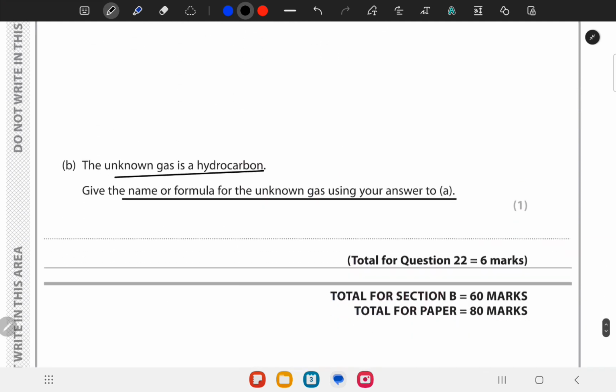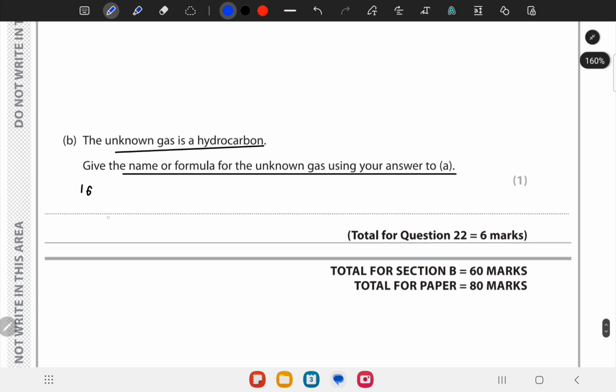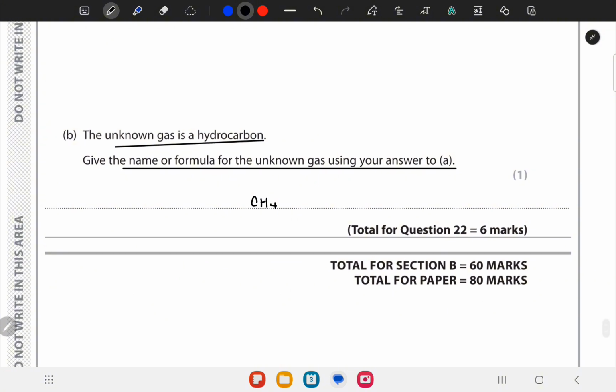So we need a hydrocarbon with a molar mass of around 16. If we check some alkanes, if we try methane, for example, we'll have 12 plus 4. Yeah, this is 16. So this might be methane. So this is the answer, and that's it for this paper.